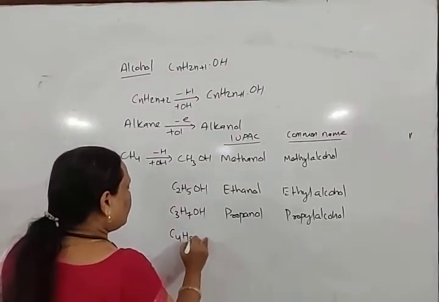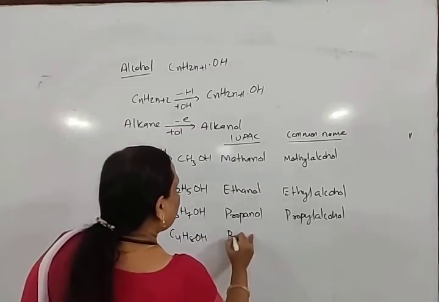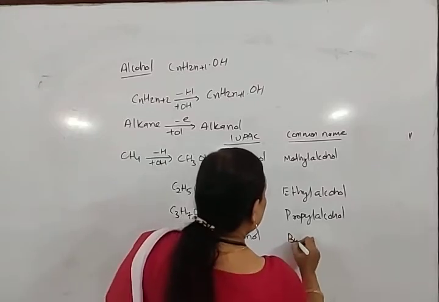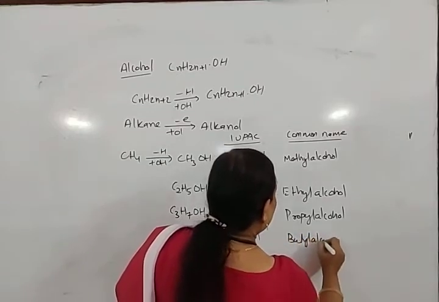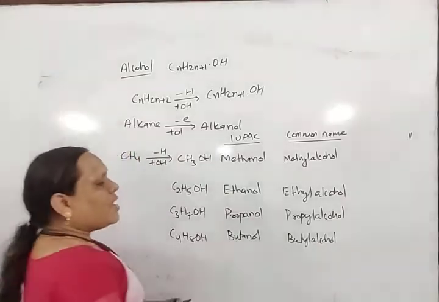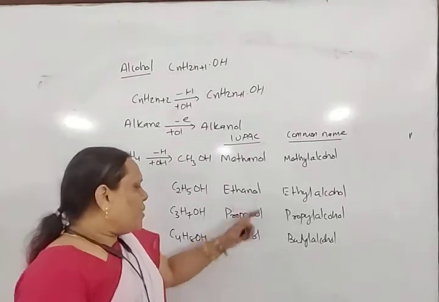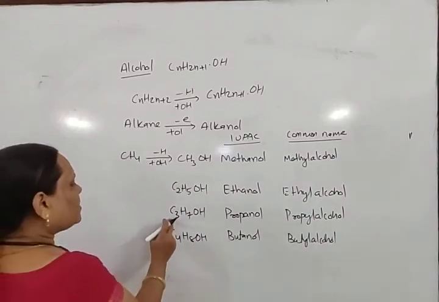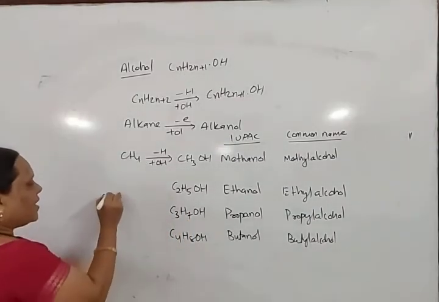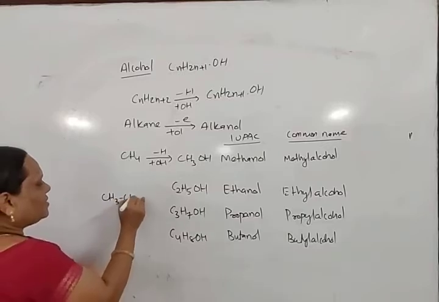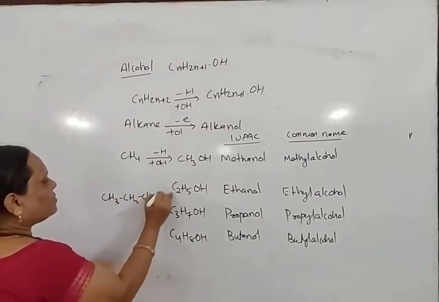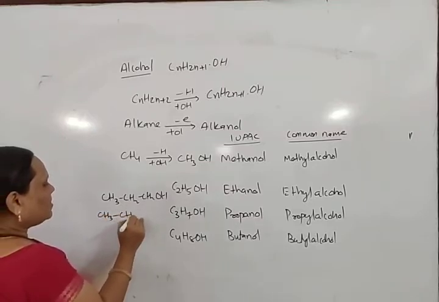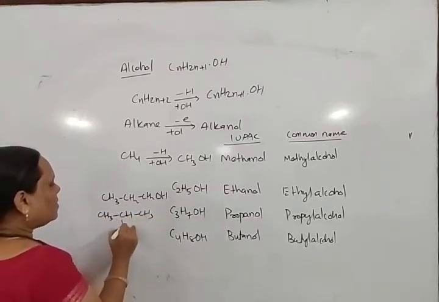Similarly, C4H9OH is butanol, also known as butyl alcohol. This propanol and butanol are again of different types. Look here, for C3H7OH, I can write CH3 CH2 CH2OH, or I can write CH3 CH CH3 with OH.